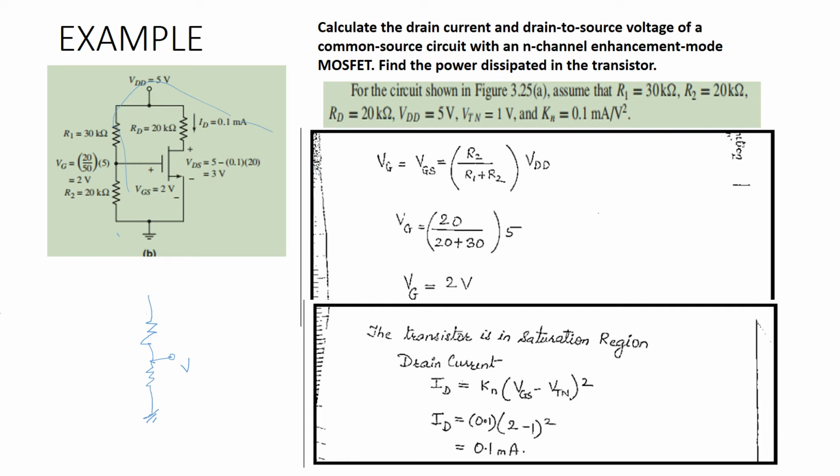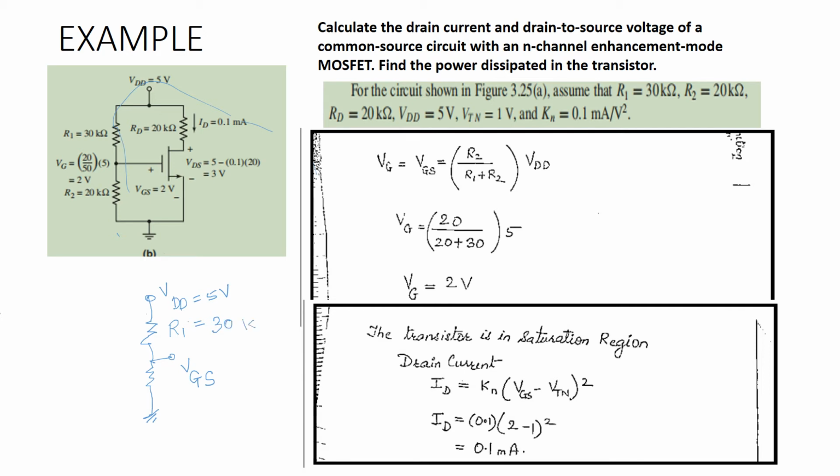Here is your Vg, and this is going to VDD, which is equal to 5 volts.